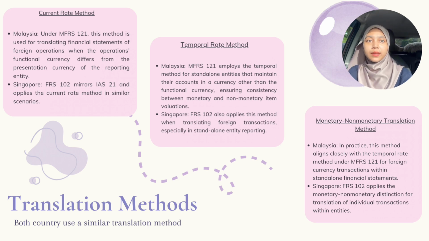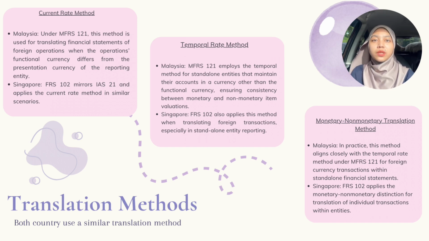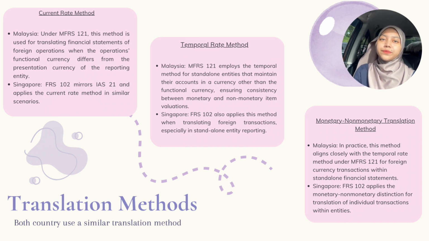Next, temporal rate method. This method considers both current and historical rates depending on whether items are monetary or non-monetary. And the last one, monetary non-monetary translation method. This method distinguishes between monetary assets, which fluctuate with exchange rate, and non-monetary assets, which do not, during translation.